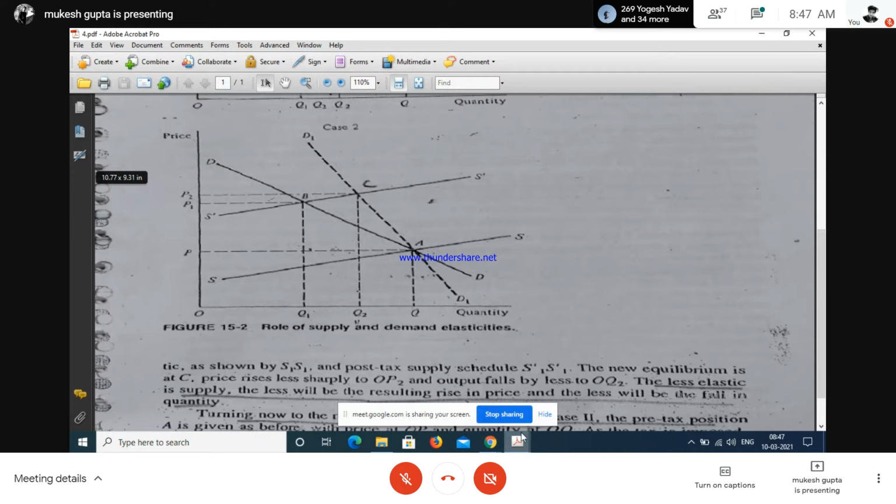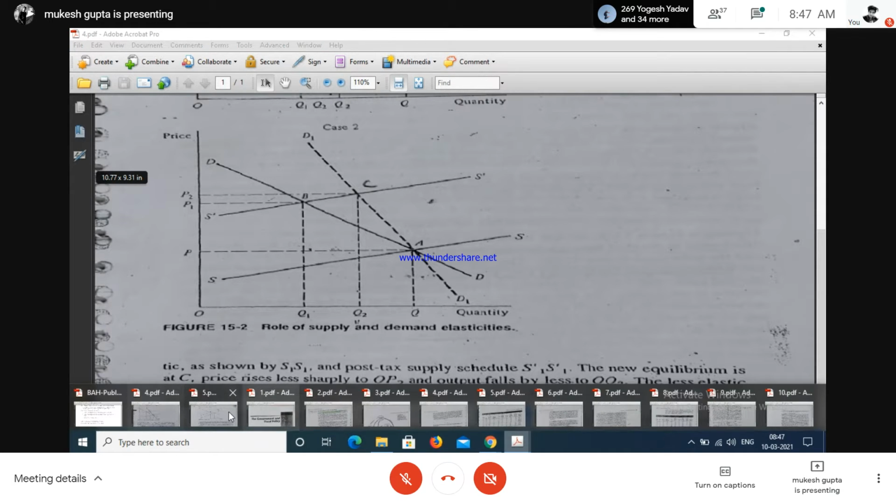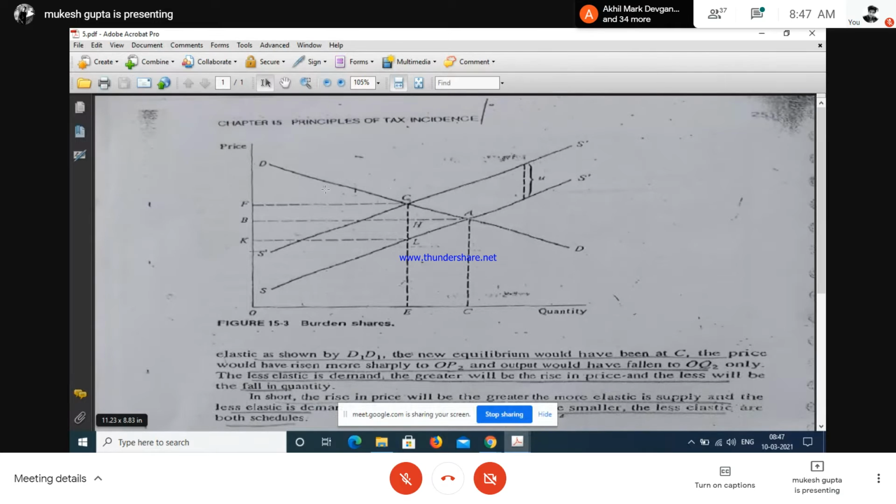And in the next diagram, this is the demand curve. The initial supply curve is here, without imposition of the unit tax. The initial equilibrium, where the market clears at point A: the market price is OB, the buyer is paying OB, the seller is receiving OB, and the equilibrium output is OC.